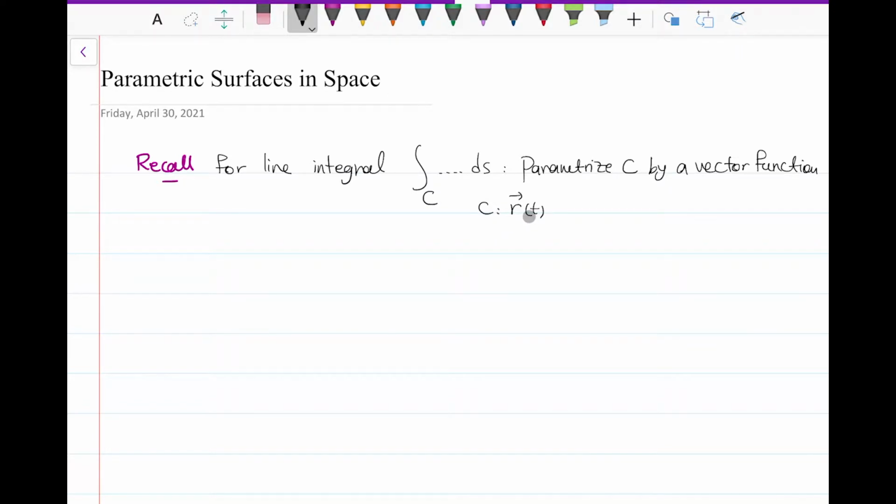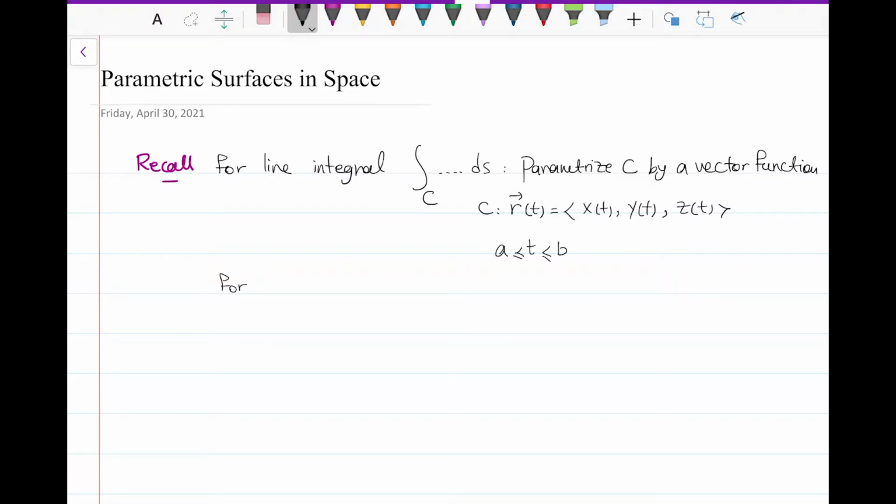So we just need one parameter to parameterize that, and since it lives in space, it has 3 coordinates: a function x of t as the first coordinate, y of t second coordinate, and z of t the third coordinate, and the parameter t is in an interval a and b. We use this parameterization to solve the line integral.